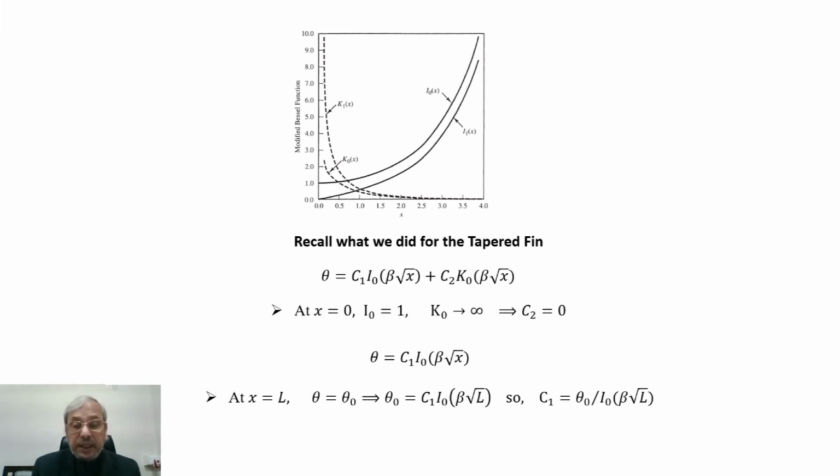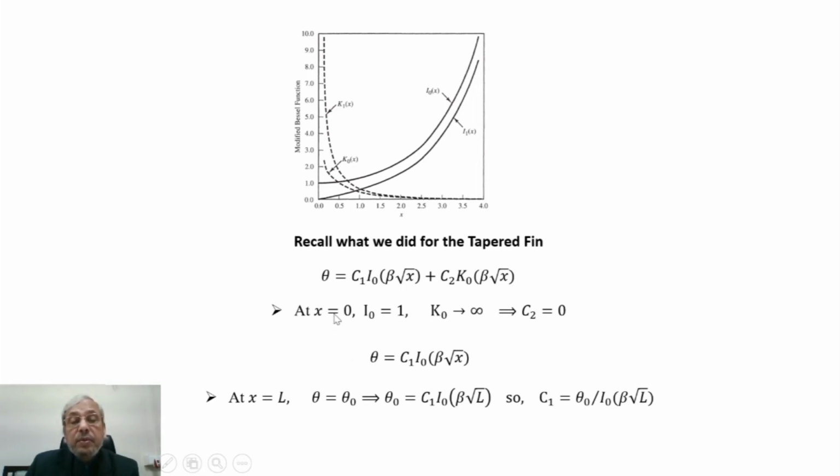And I'm just recapitulating our last discussion with the tapered fin, where x was the independent variable, and for theta we got C1 I naught beta root x plus C2 K naught beta root x. This we just recall from what we did with the tapered fin.